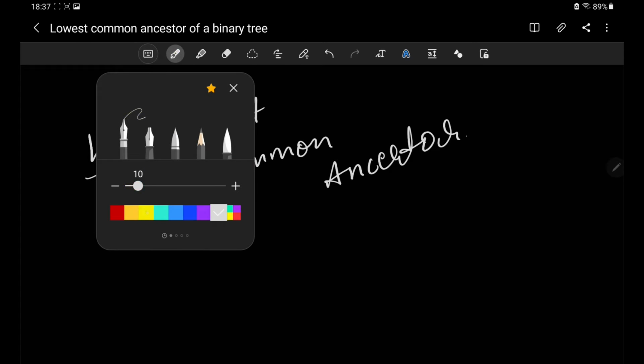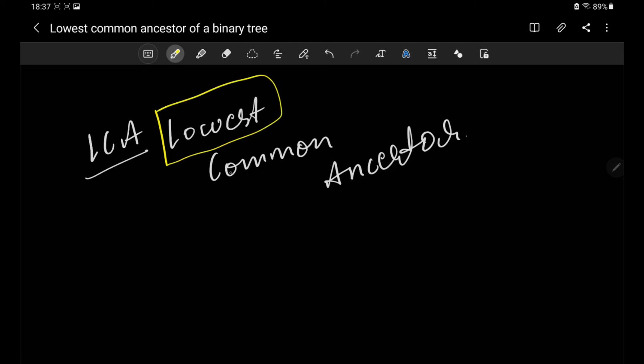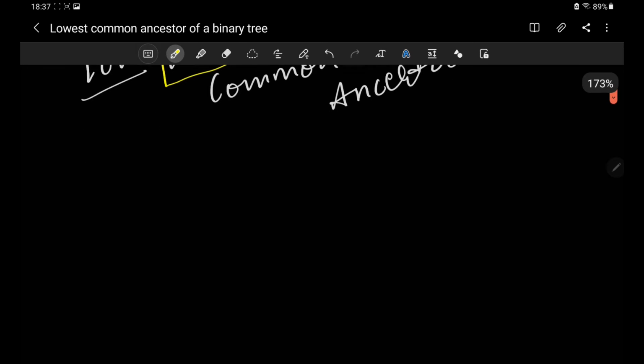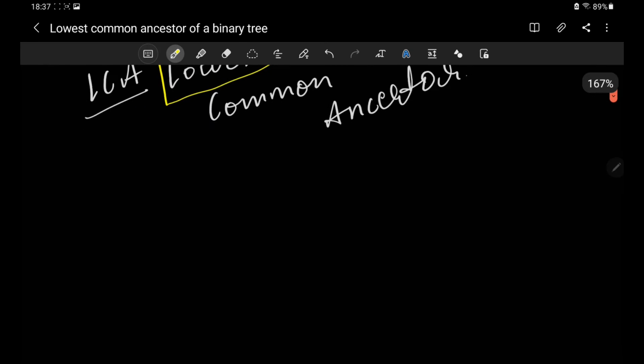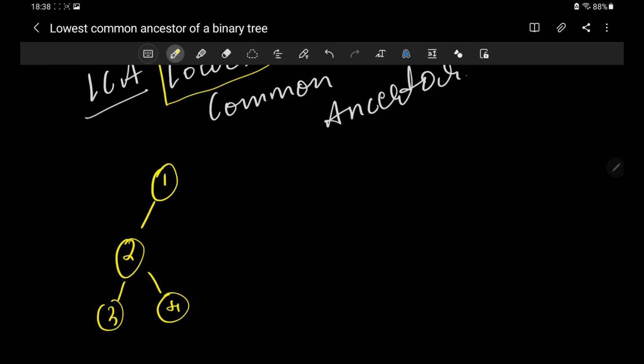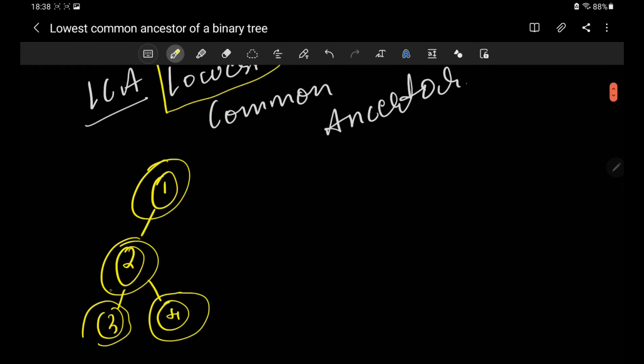One is lowest. Lowest means if I have a tree like this of 1, 2 and 3, 4, and I'm asked to find the LCA of 3 and 4, it won't be 1, it will be 2, because 2 is the lowest one from which we can reach both 3 and 4.